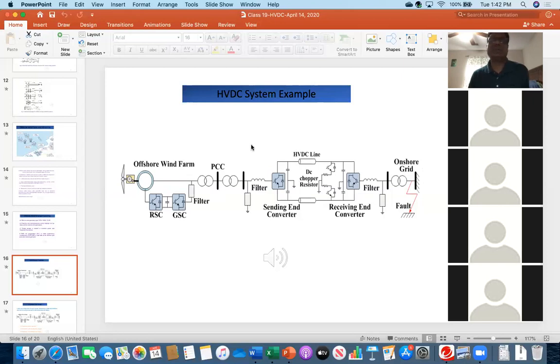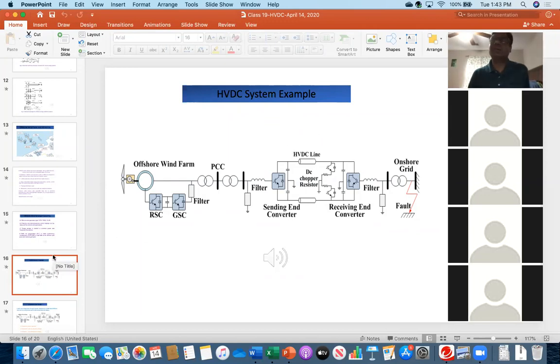That's why, as I said, the HVDC system has become a very important subject matter. The question is, what would be the type of the cable? What will be the design of the inverter and converter system? Even the chopper resistance, or there could be other methods. So lots of concentration is going on just on this portion of the HVDC system.